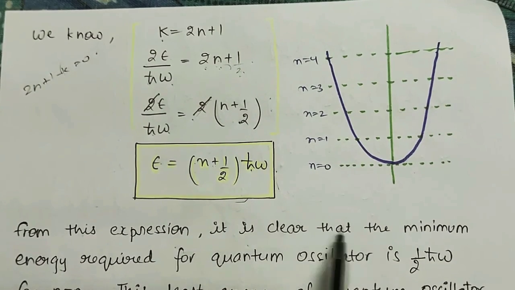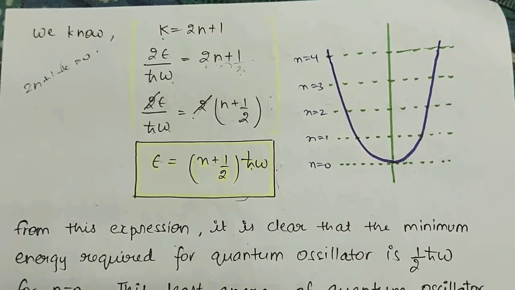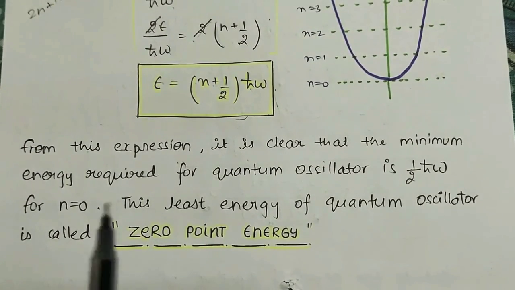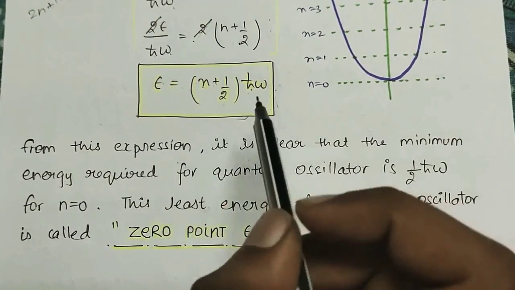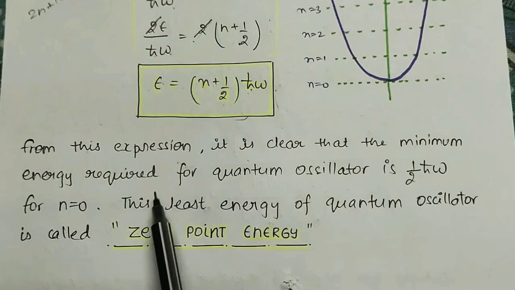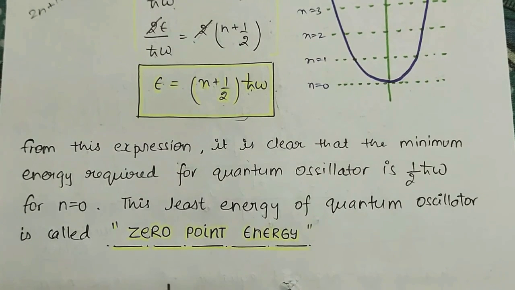From this expression, it is clear that the minimum energy required for the quantum oscillator is half h cross omega. For n equal to 0, E equals half h cross omega, which is the least energy of the quantum oscillator and is called the zero-point energy.